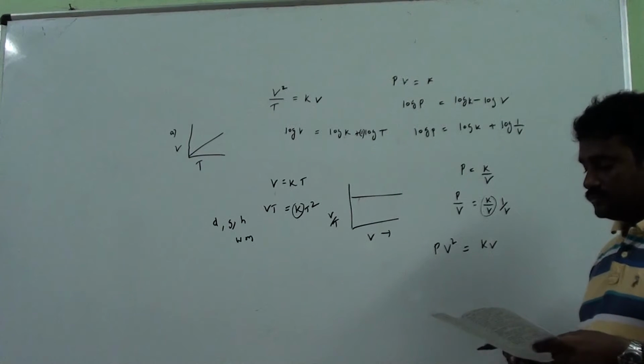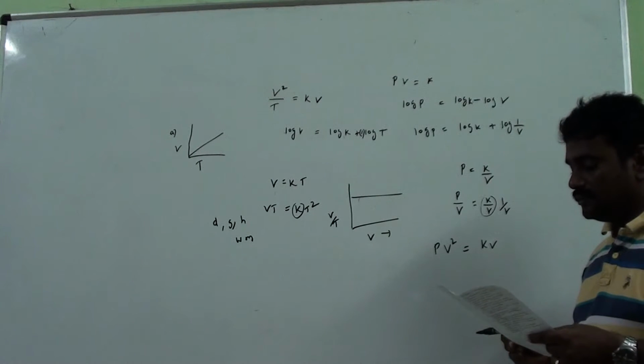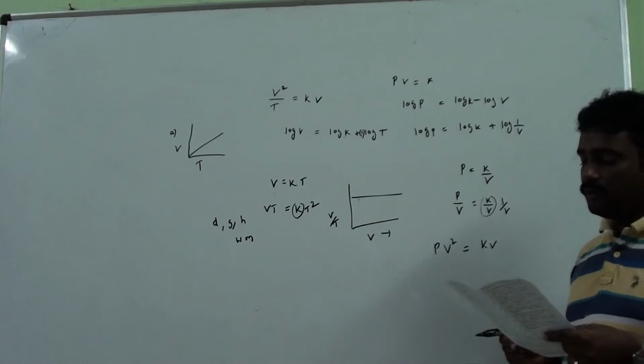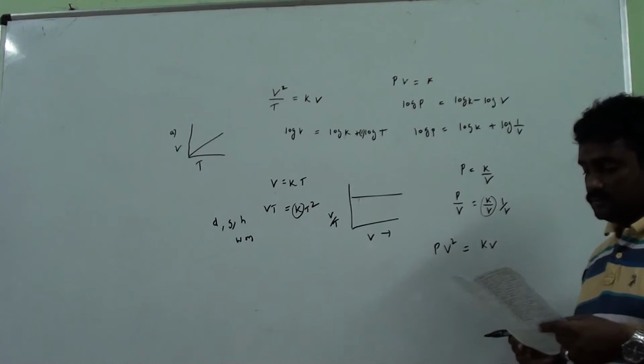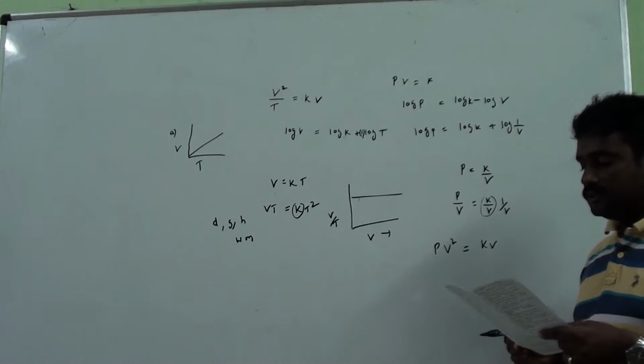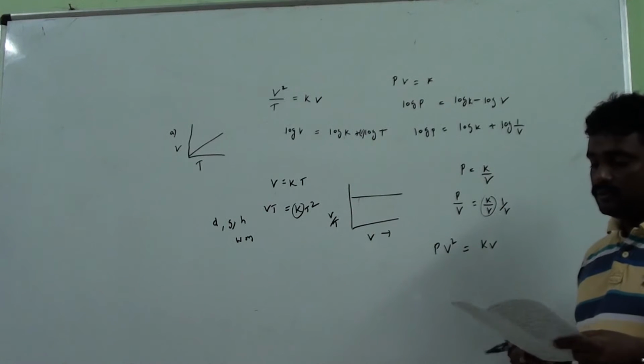So that's true. H is correct. I mean T1 greater than T2 greater than T3, with 1 by V, that's true. So the wrong ones will be C and G. That's 2. So 2 is the answer.